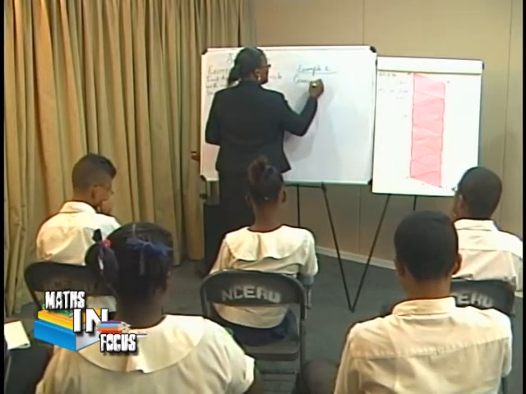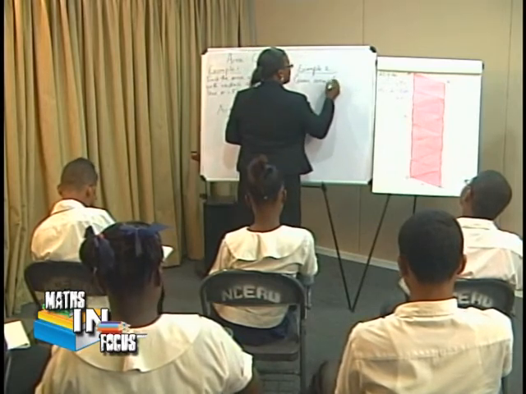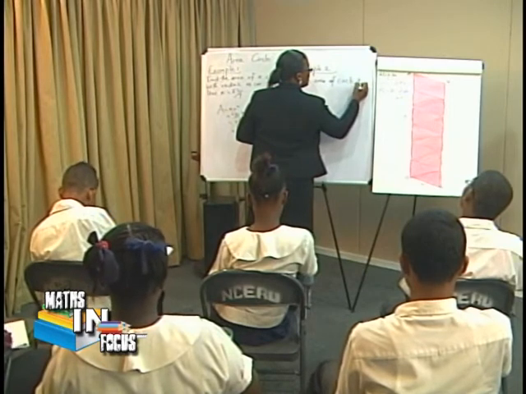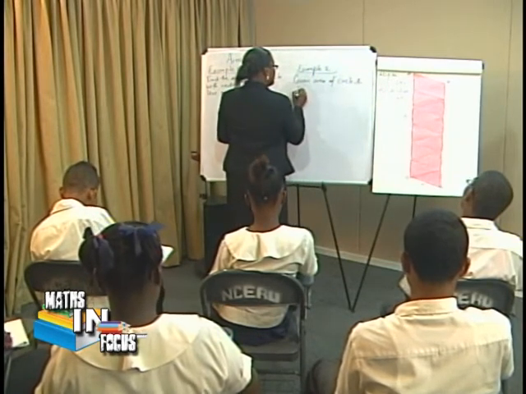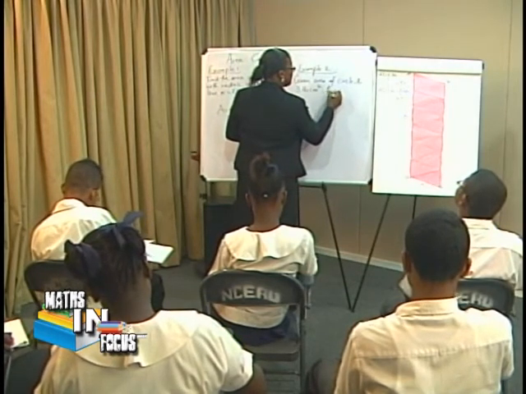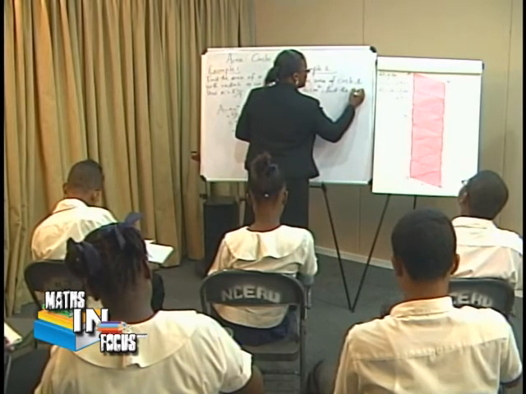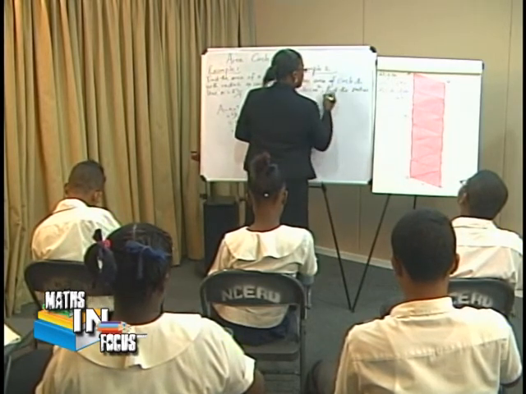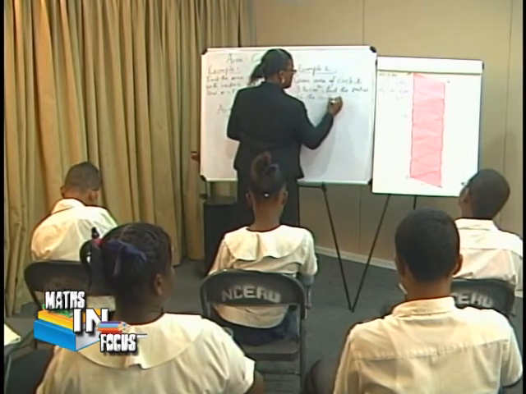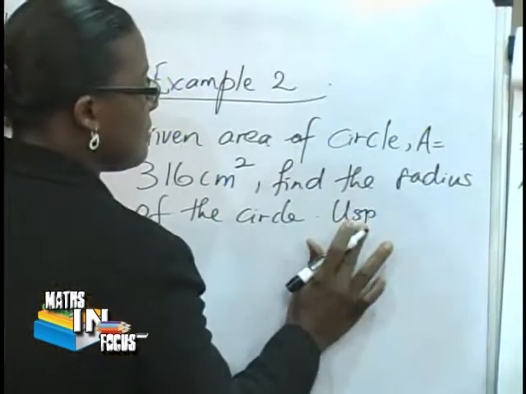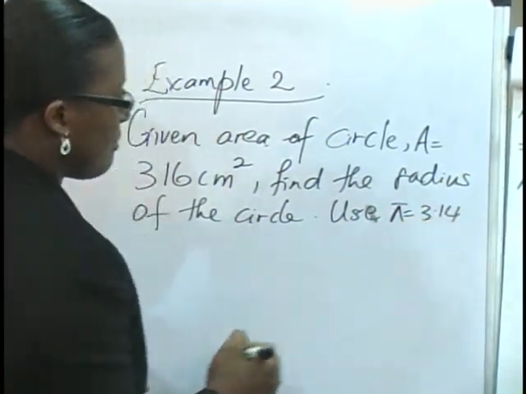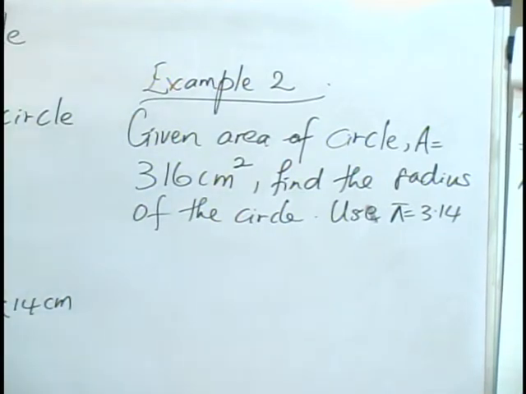Given area of circle A equals 316 cm squared, find the radius of the circle. Use pi equals 3.14. You are going to do that one for me quickly.